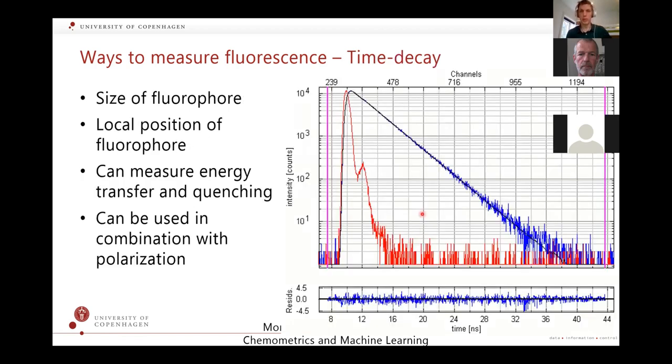Time decay, something we have started playing with recently, let's say. We got it back in, now Rasmus must correct me, but I think it's now 3-4 years ago since we started playing with this. What you can see here on the x-axis, it says channels up here, but if you look all the way at the bottom, it's probably more interesting. You see that you have time in nanosecond scale.